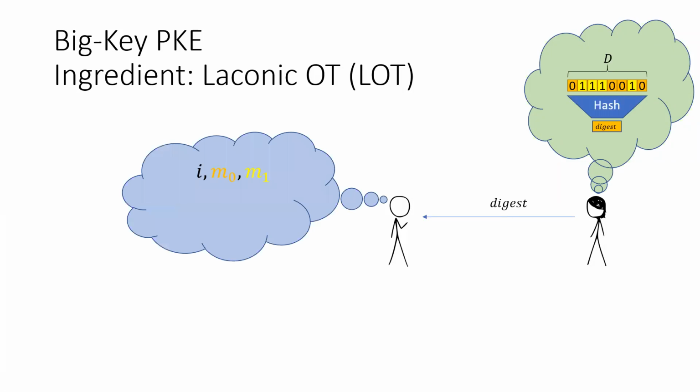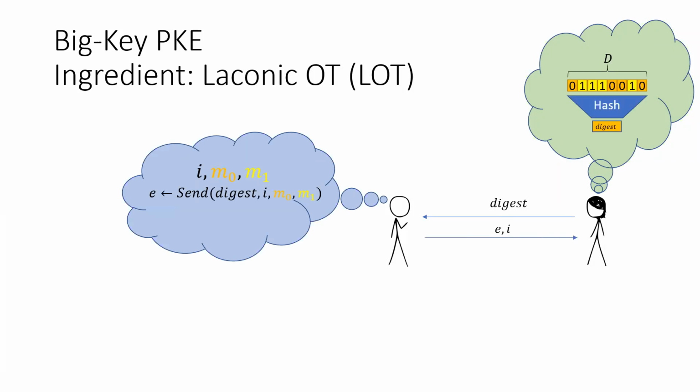Now the sender Bob can pick any index i of the database D that Alice hashed, and essentially encrypt two messages M0 and M1 such that Alice gets the message that depends on the ith bit: if the ith bit is a 0, she gets M0, if the ith bit is 1, she gets M1.